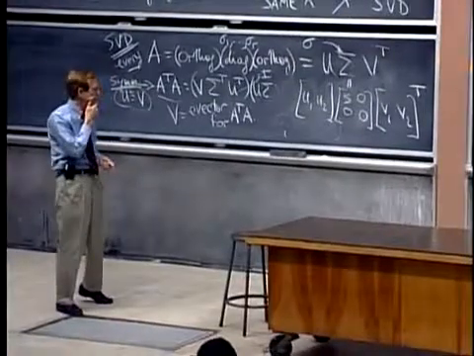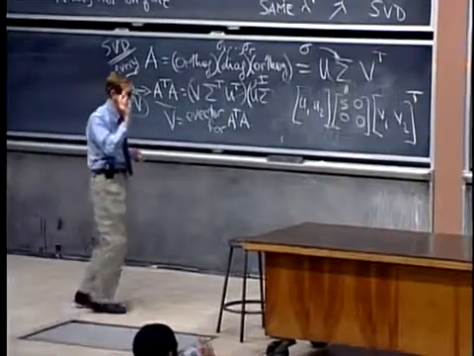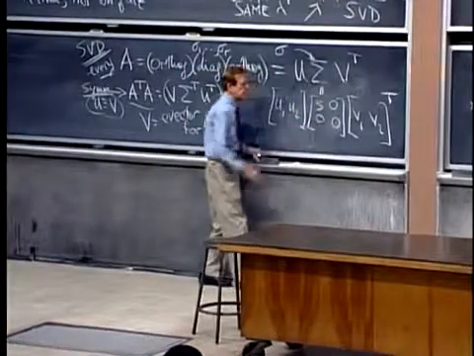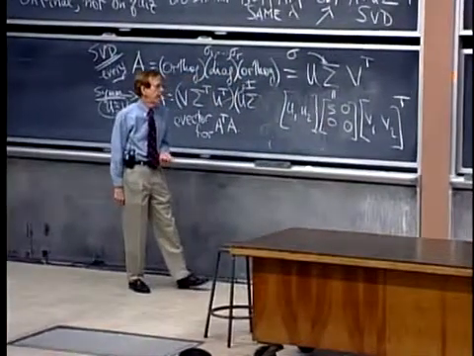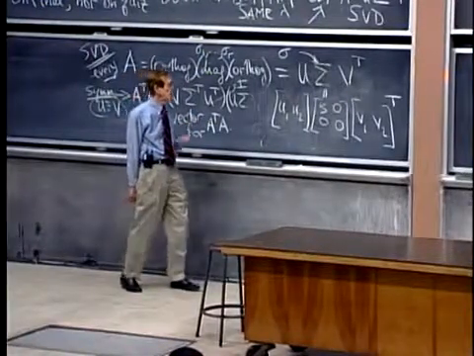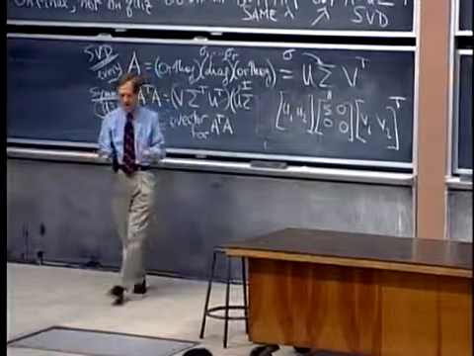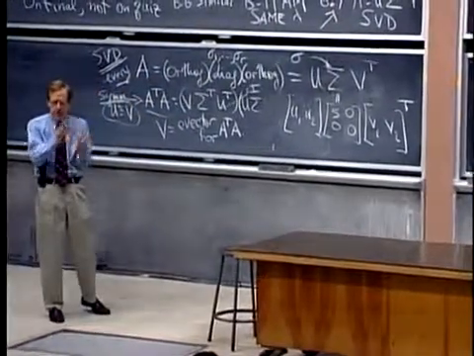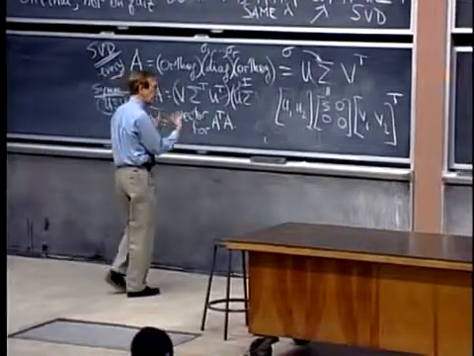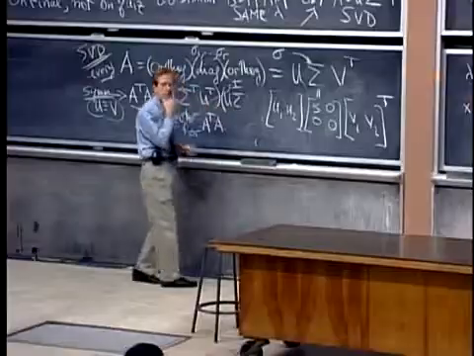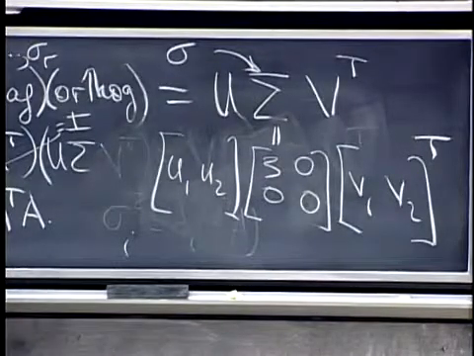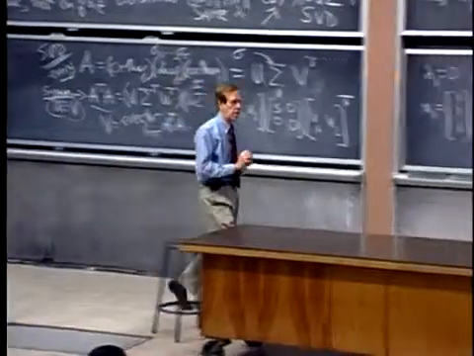I think V2 is in the null space, because it must be the eigenvector going with this 0 eigenvalue. Have a look at that. And I could ask you the null space of A transpose. And I could ask you the column space. All that stuff. Everything is sitting there in the SVD. The SVD takes a little more time to compute, but it displays all the good stuff about a matrix. Okay. Any question about the SVD?